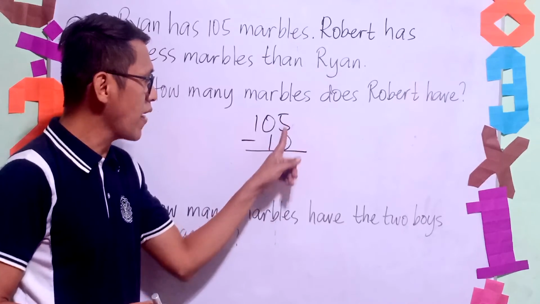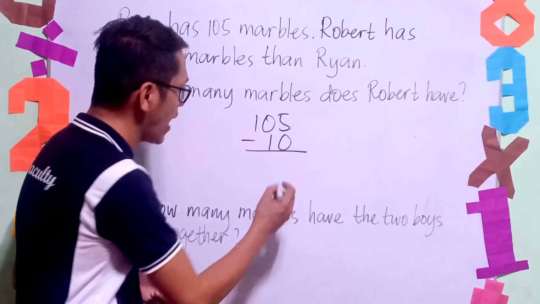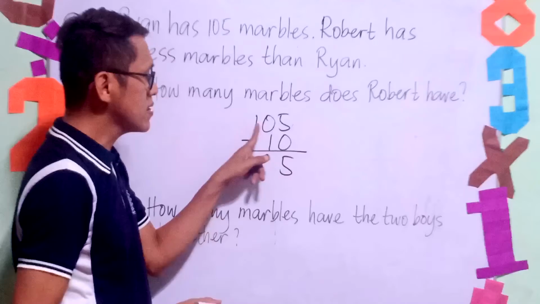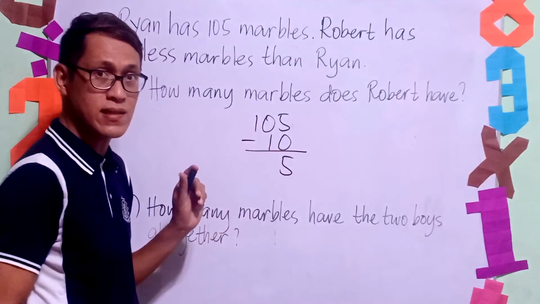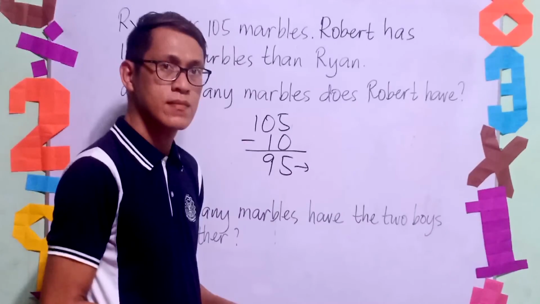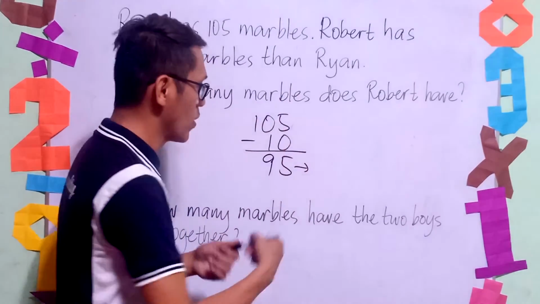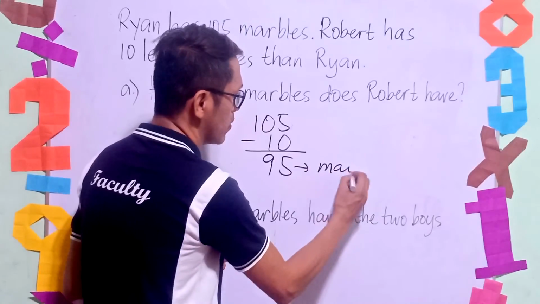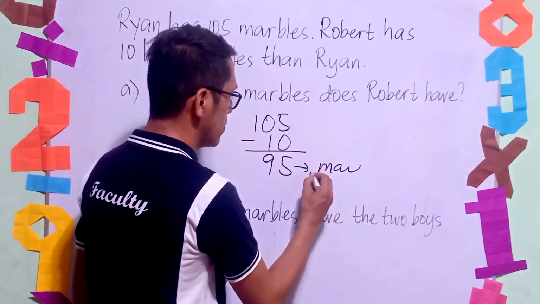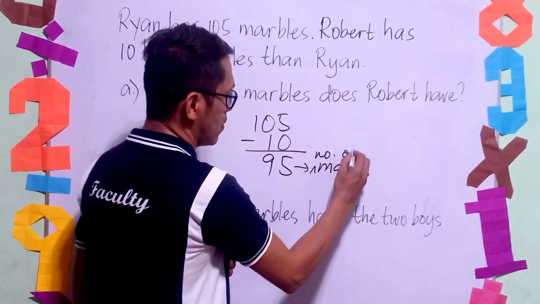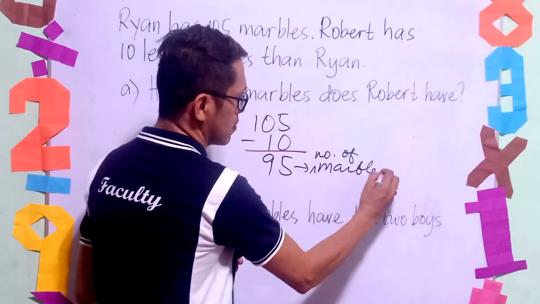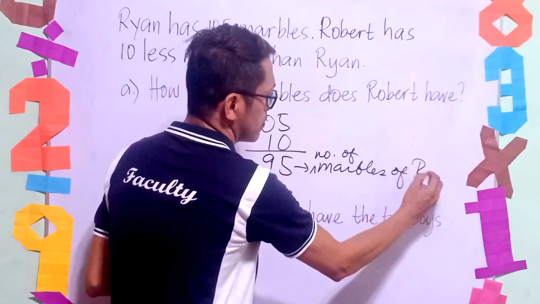So let's start, 5 minus 0. That's 5. This is 10. 10 minus 1. That's 9. Meaning, Robert has 95 marbles. So this is the number of marbles of Robert.